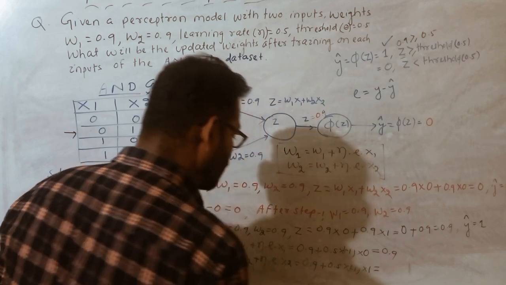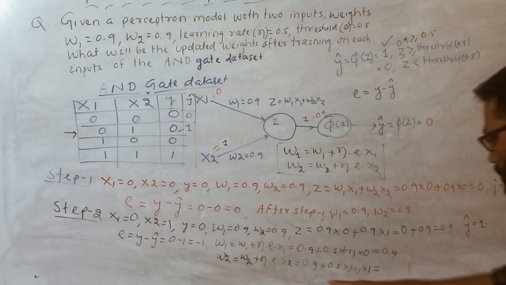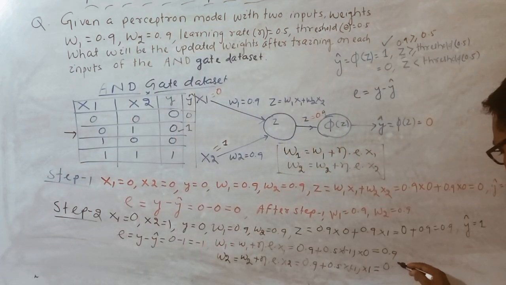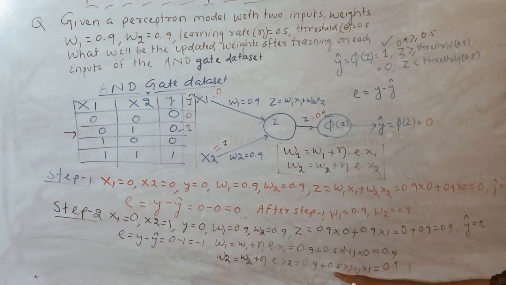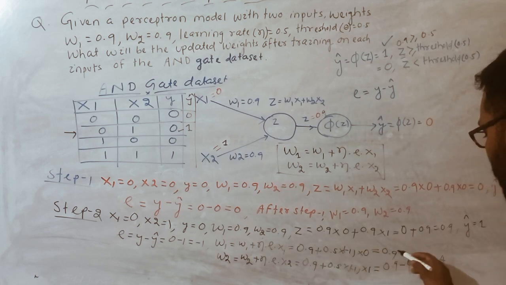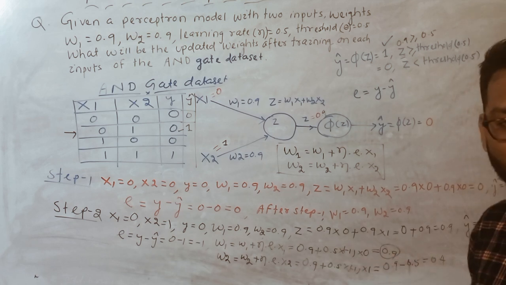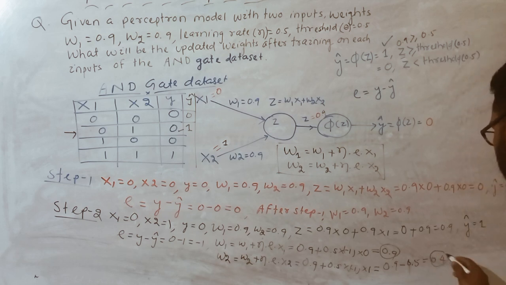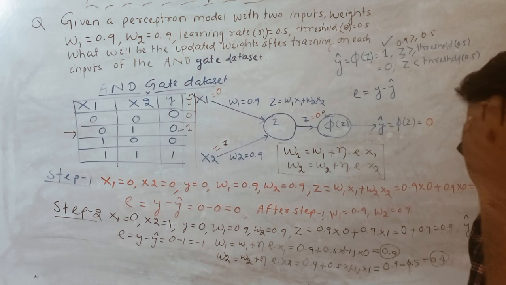If you do the calculation, here 0.5 times minus 1 is going to be minus 0.5, so 0.9 minus 0.5 gives 0.4. So in step 2, we got W1 is 0.9 and W2 equal to 0.4. Some change has happened.